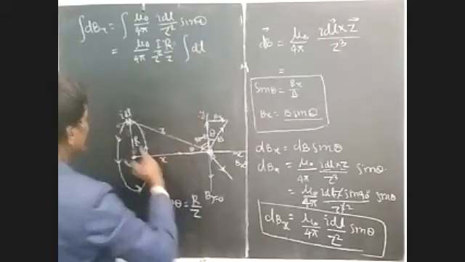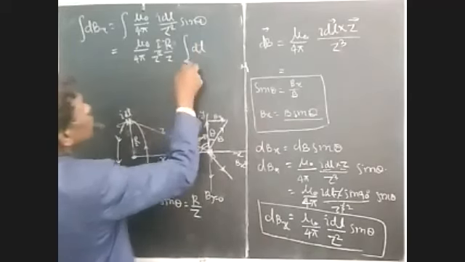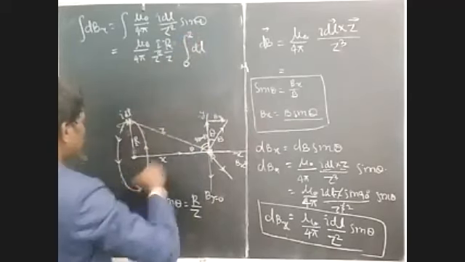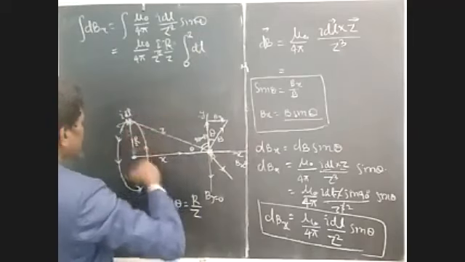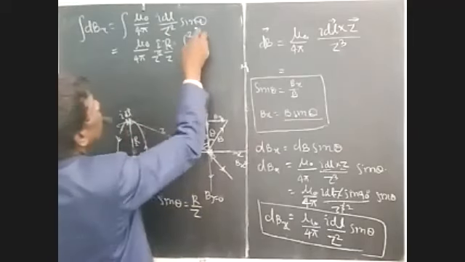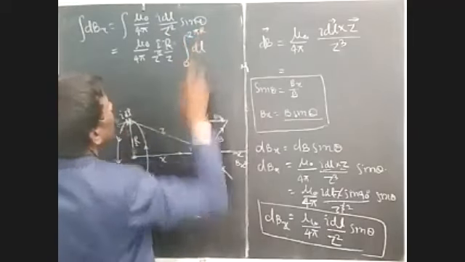Okay, dl is the total length, means 0 to, this is the perimeter of the circle, 2 pi r, I know already.